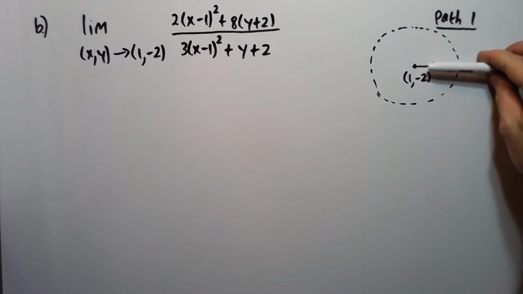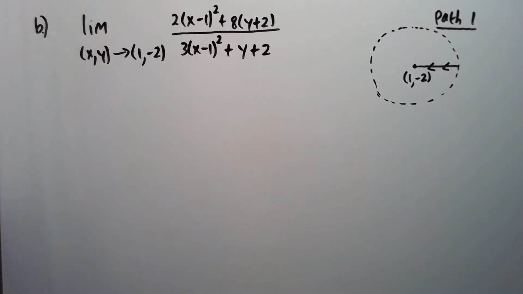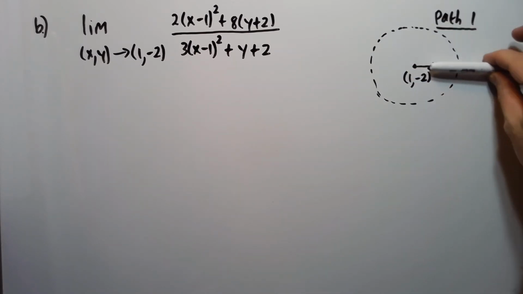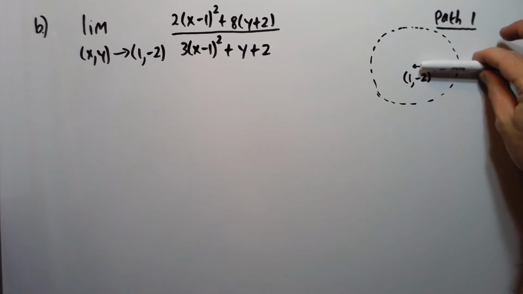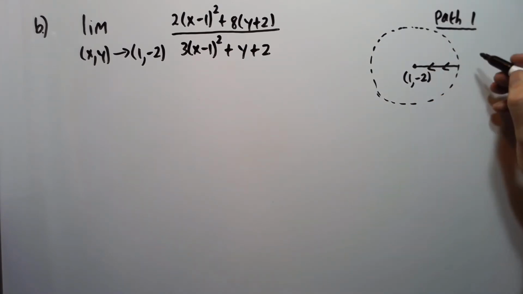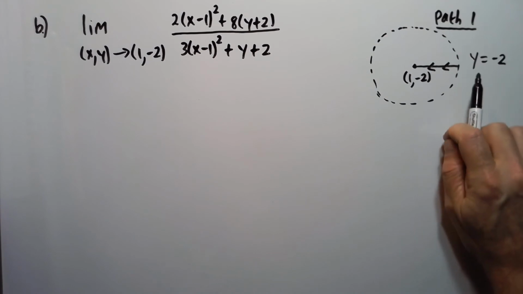This is not the x-axis, but it's parallel to the x-axis. In particular, the y value is -2. Let me write it here: y is -2. For this path, that'd be the equation of the line y = -2.